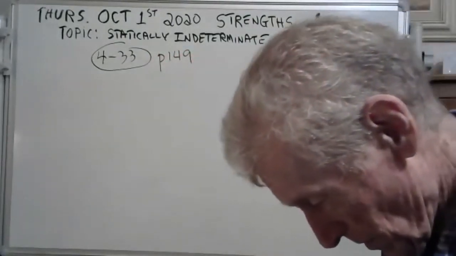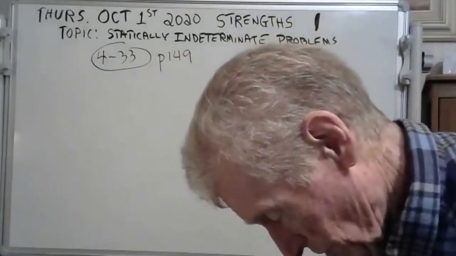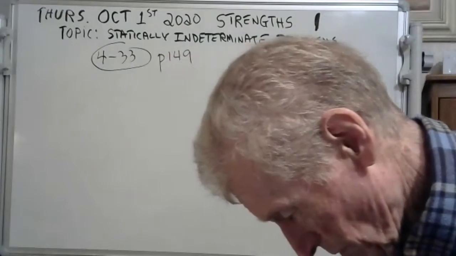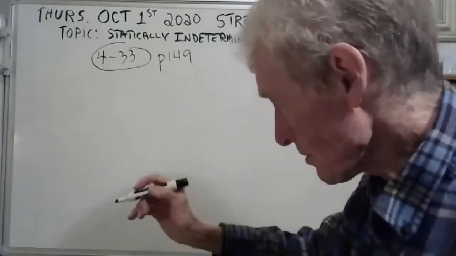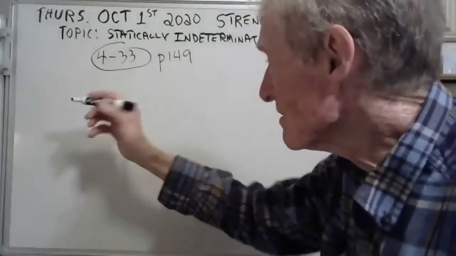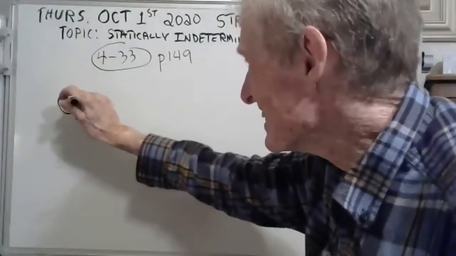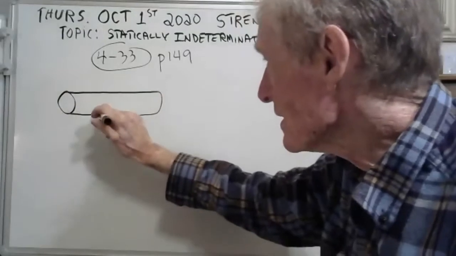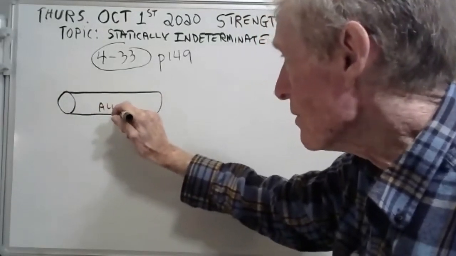Now they have some A36 steel pipe with an aluminum core. So here, I'll draw it for you. The core is aluminum.